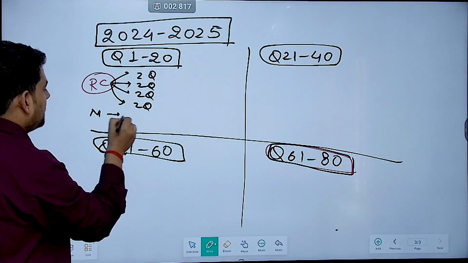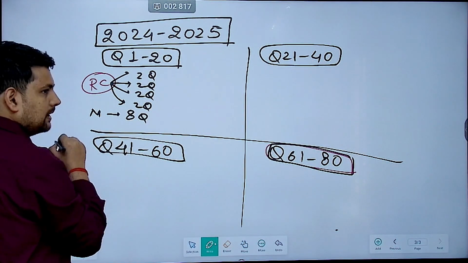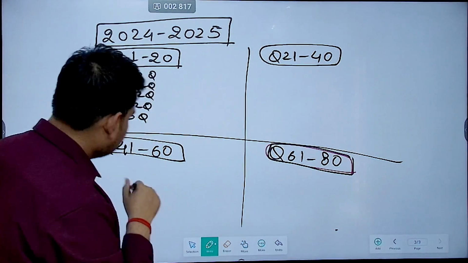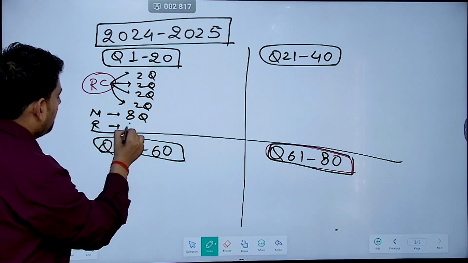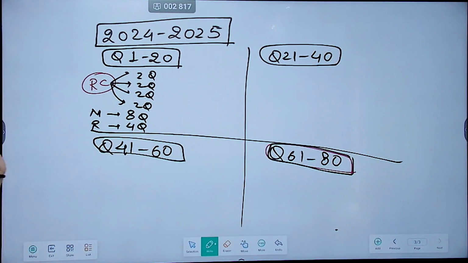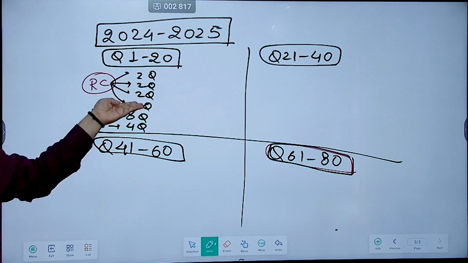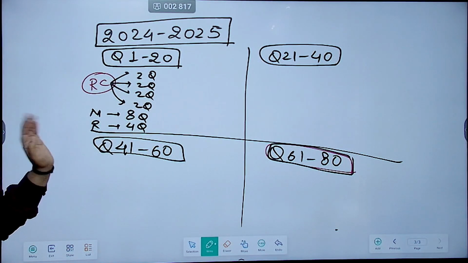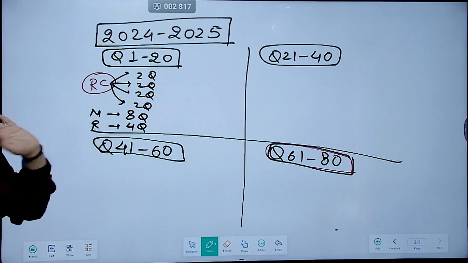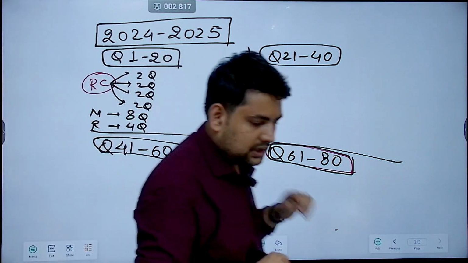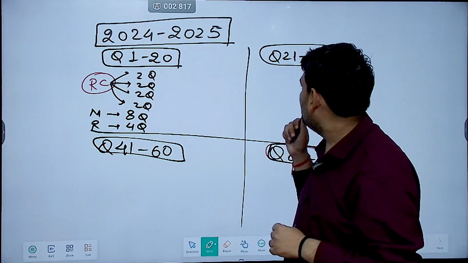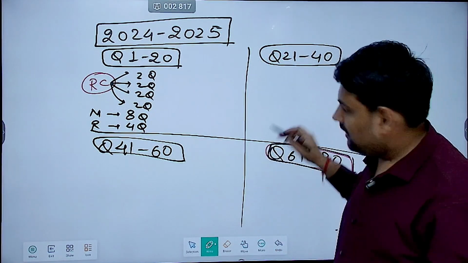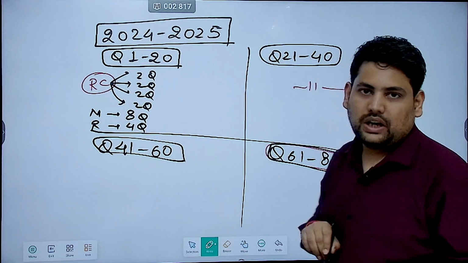Then math had 8 questions, and reasoning had 4 questions. Nice. 8 questions from RC, each RC had two questions. Okay. Math had 8 questions. Reasoning had 4 questions. Now in question number 21 to 40, again exactly the same pattern.